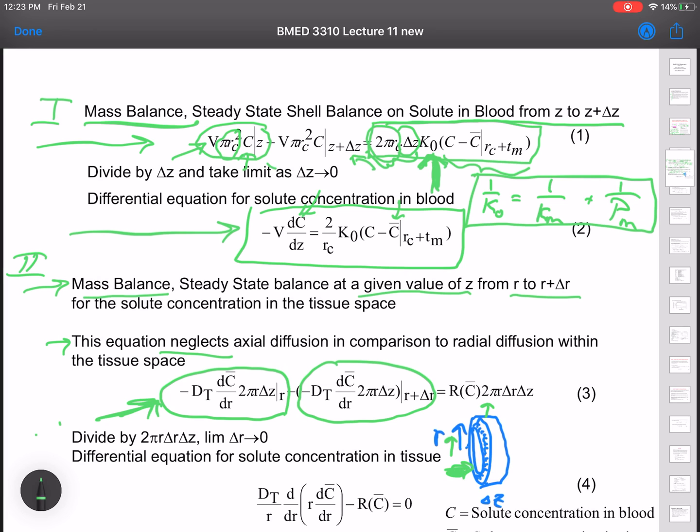Okay, and this is the consumption. Now this R of C bar, meaning it's a function of the concentration in the tissue. But later she's going to just say that it's a constant R0. That's the rate of consumption per unit volume.